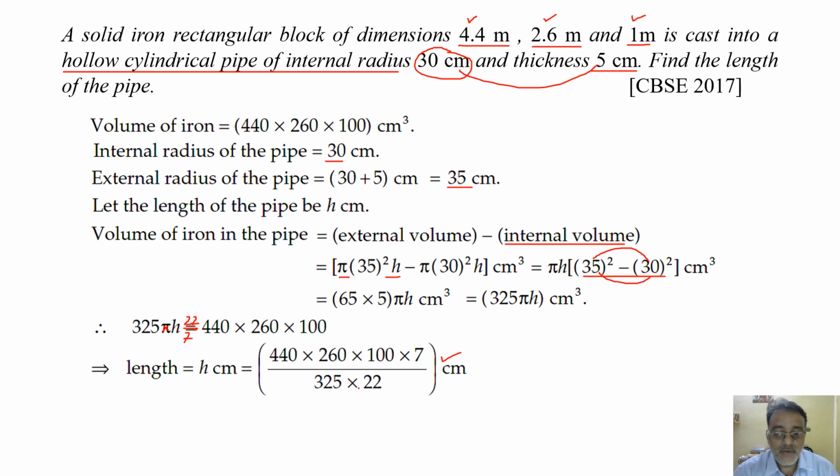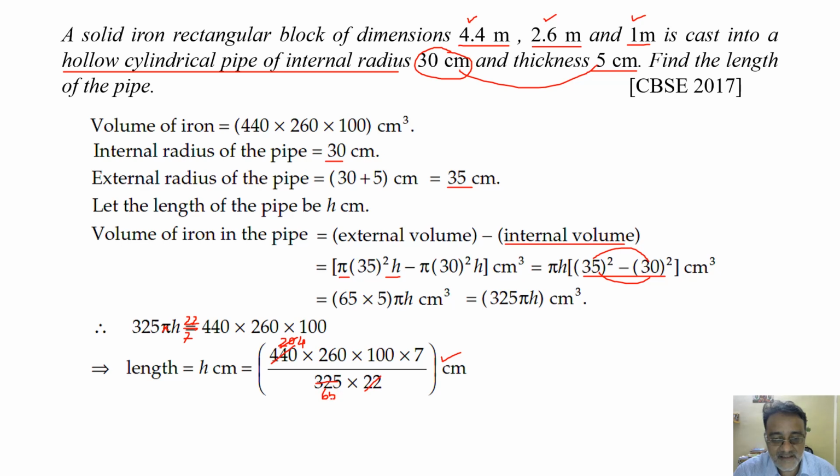Right. अभी कैलकुलेशन देखो. 440 को 22 से कैंसिल करेंगे, 20, right? And 325 we will cancel it by 5, so we'll get 65. इसी से कैंसिल कर लेते. 4 5 4s are 20, 65.